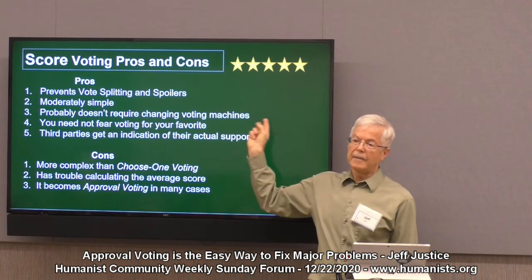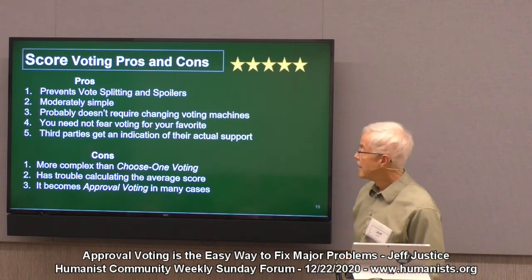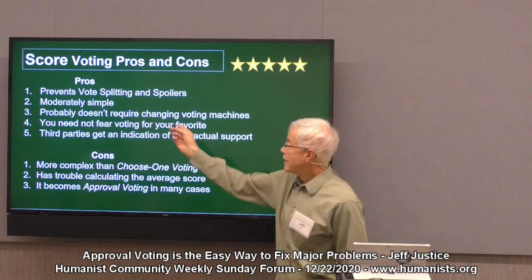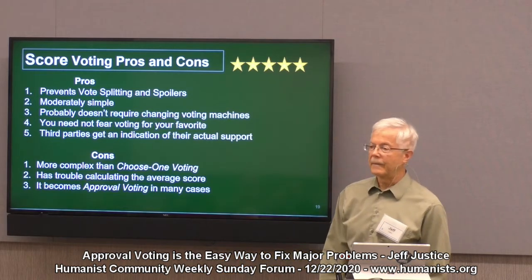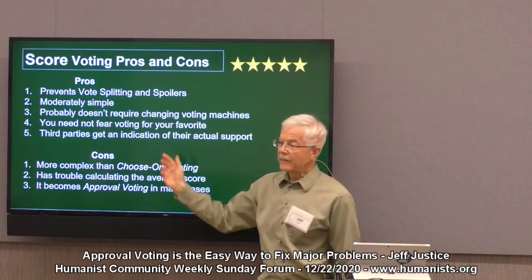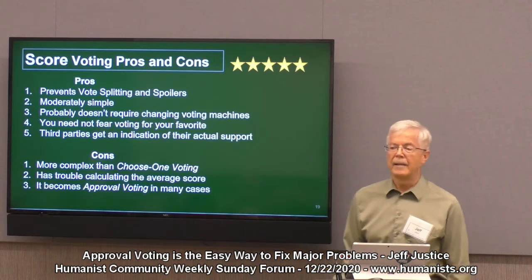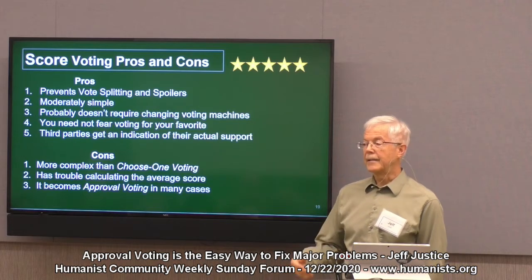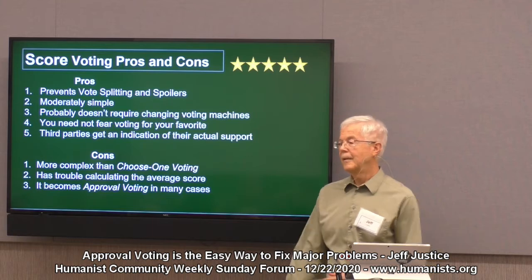The voting machine people say that they can handle it without a change to the voting machines. Unlike ranked choice, if you vote for your favorite, you aren't going to prevent the favorite from being elected. And if you're a third party, you may not win, but at least you get some accurate indication of your support. And that's really important because that means you might get funded again, come back again, and advance your ideas again.